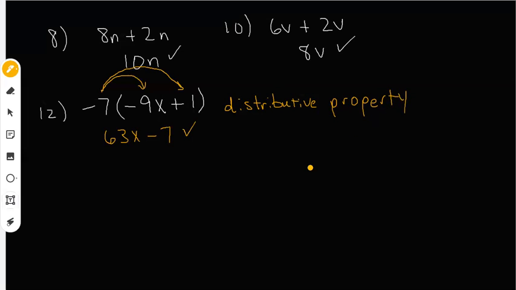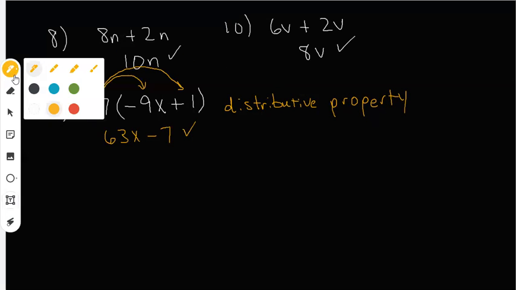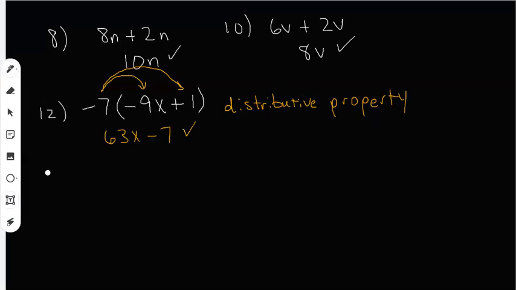Okay, let's look at 14 and 16. Now for these, I'm going to give you the expression and then I'm going to give you values for the variables. So for number 14, we have x minus, in parentheses, y minus 2.